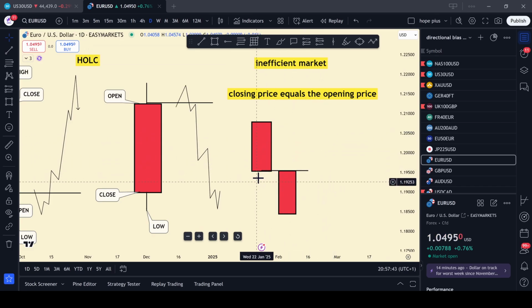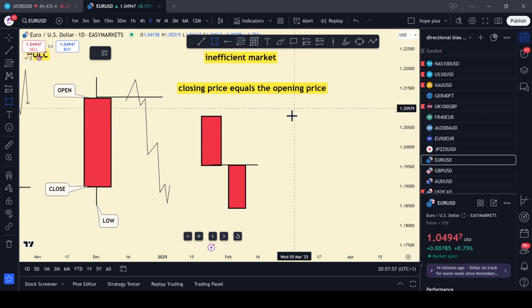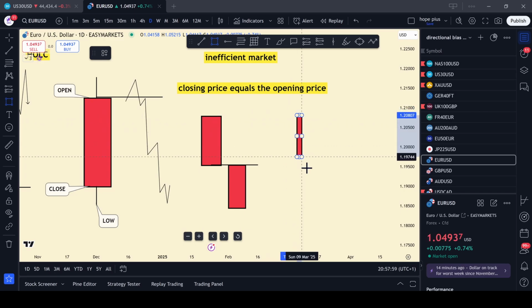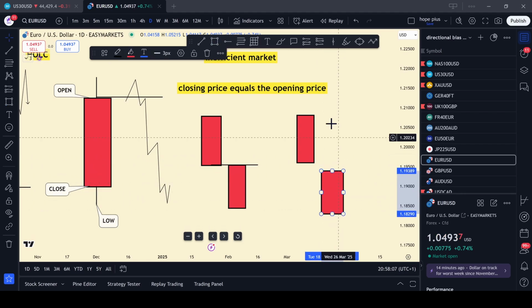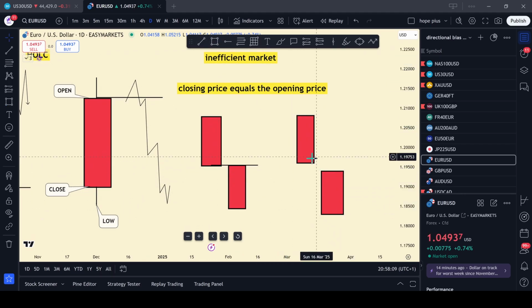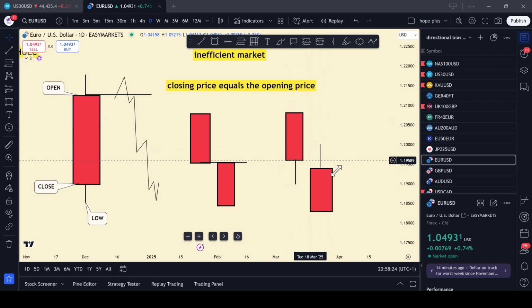Because if a market closes yesterday at a particular price, when the market resumes, it should open at that same price and then continue trading. But in an inefficient market, we are going to see where the market opens, trades lower, then the next day the market jumps. That's where you see the gaps. When you see the gaps, it's a sign of inefficiency.